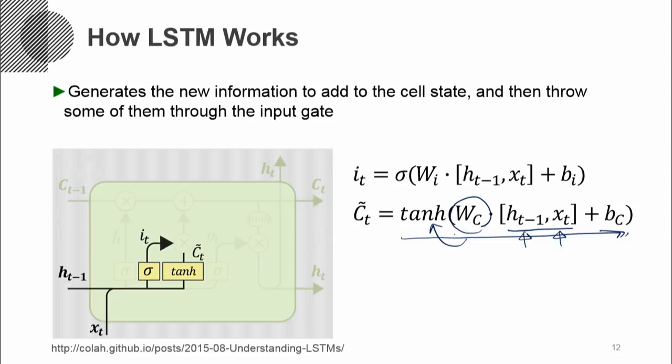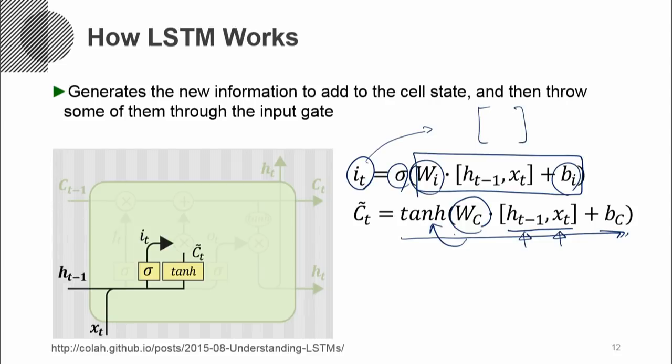But before adding it to the previous cell state information, we go through another transformation by using this input gate, and this input gate is an additional vector that was transformed by its own linear transformation and bias, and also goes through the sigmoid layer, so this vector will range from 0 to 1, similar to this forget gate.